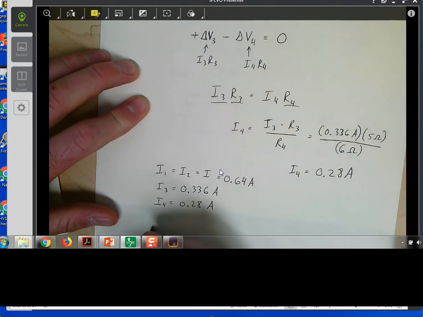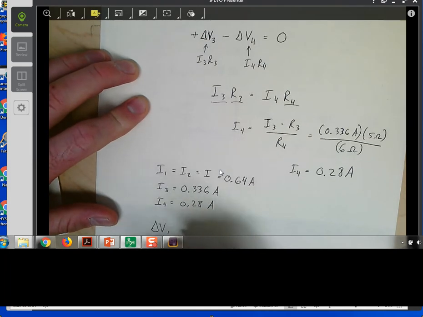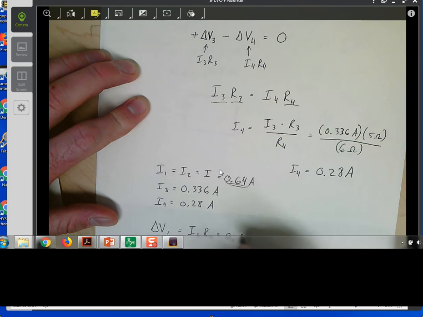If you wanted to find the voltage drop across R1, this is just I1 times R1. So in that case, it's just the regular I, which is 0.64, because this is in series with the battery here, times the resistance, which is 10 ohms. And as promised, that is 6.4 volts. Delta V2, the voltage drop across resistor number 2, is going to be I2 times R2.